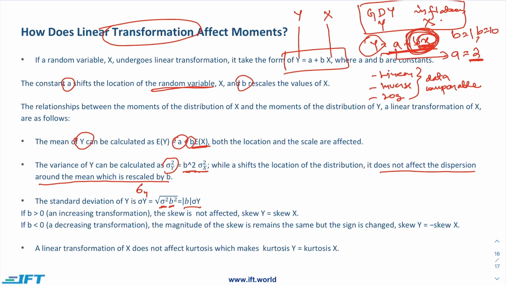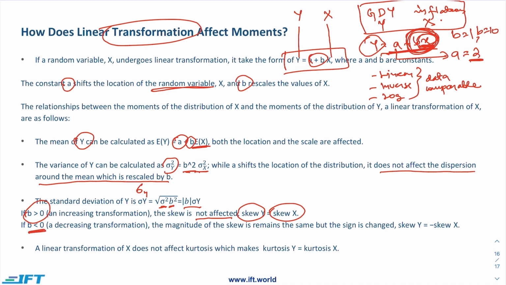Then if we talk about skewness, there are two cases. If b is positive, which is an increasing transformation, the skew is not affected, and skew y would remain equal to skew x, so there is no change as such.